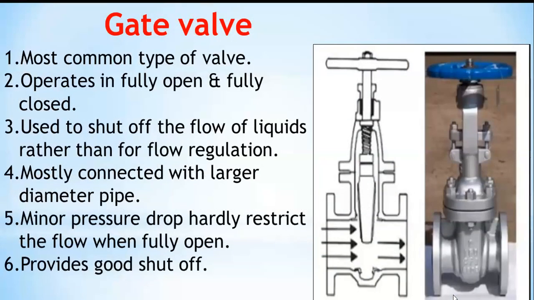Now we'll start talking about the gate valve. This gate valve, as you see in the picture, has a linear kind of motion. It is the most common type of valve that you'll come across in any industry, and its operation is in linear motion, meaning that it has a stem. The threaded structure that you see in the picture is the stem, and when it goes vertically downwards, the fluid path is obstructed.